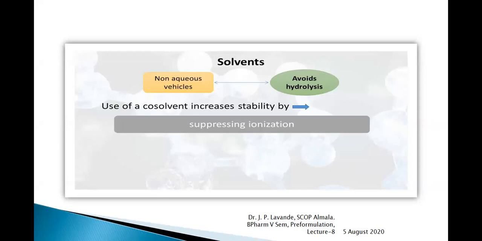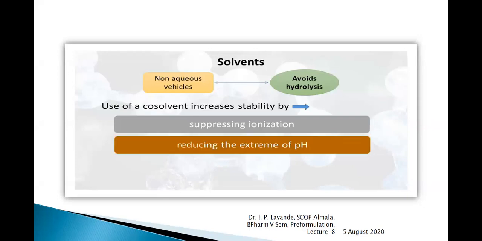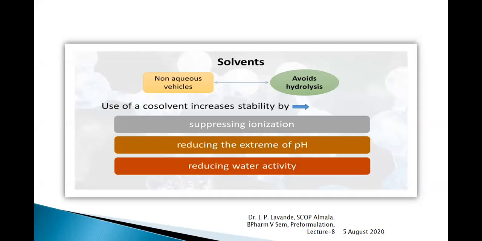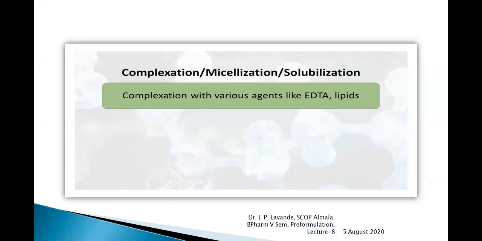It will suppress ionization, reduce the extremes of pH, and act by reducing the water activity. These are the different ways by which the co-solvents or non-aqueous solvents act and improve the stability. An example is 20% propylene glycol in chlordiazepoxide hydrochloride injection, which is also used in order to maintain the stability.